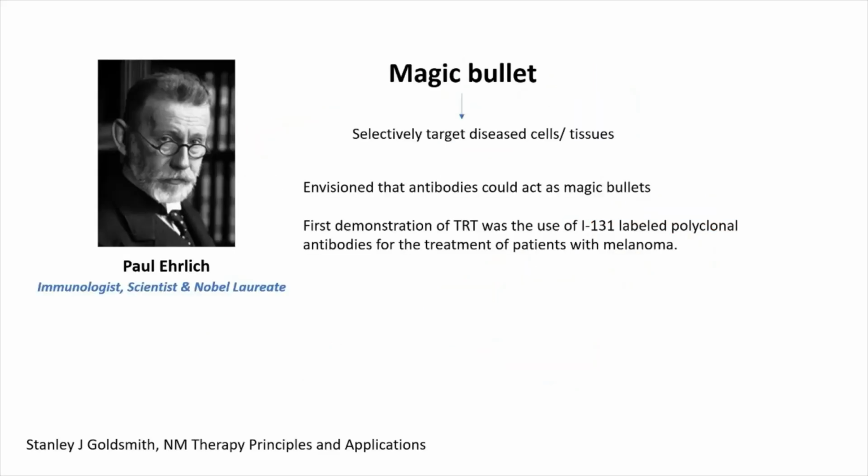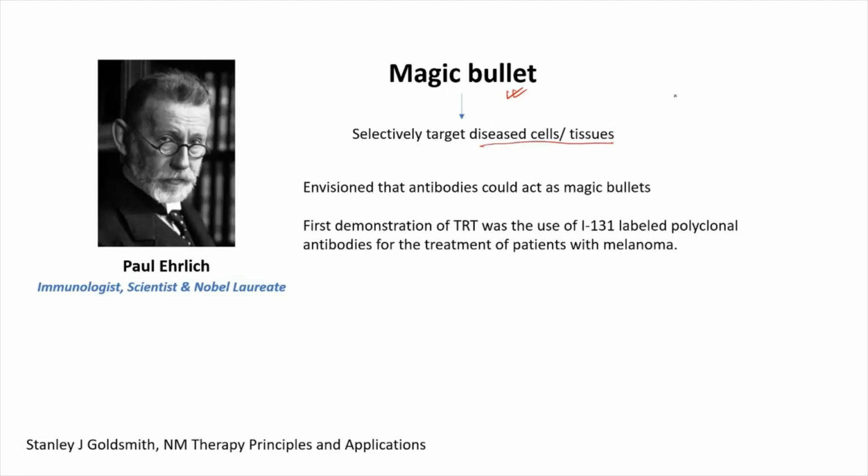It all started with the vision of Paul Ehrlich, an immunologist, scientist and Nobel laureate, who postulated that magic bullets could be developed to selectively target disease. These magic bullets are molecules, drugs or therapeutics that have the ability to target diseased cells and tissue.